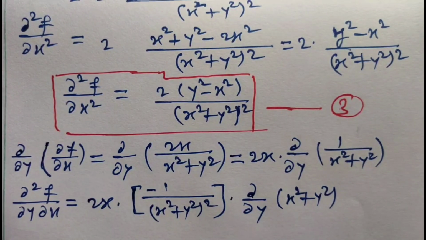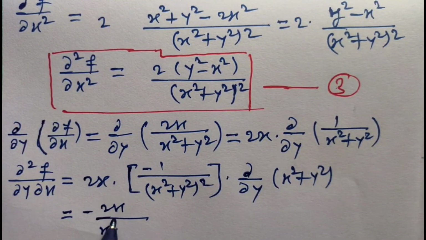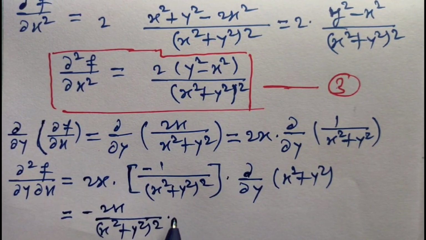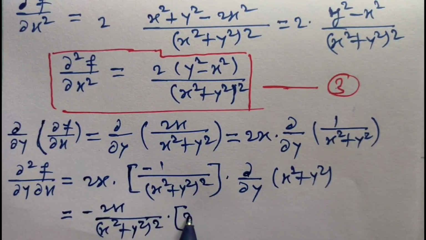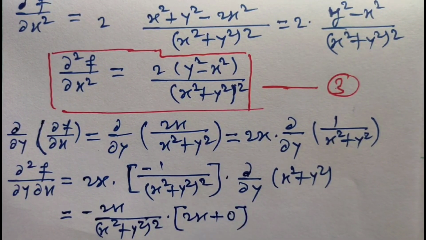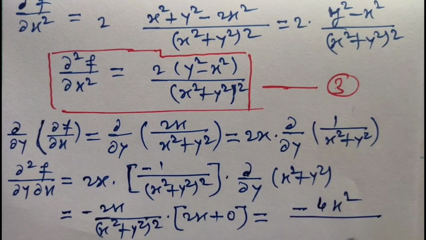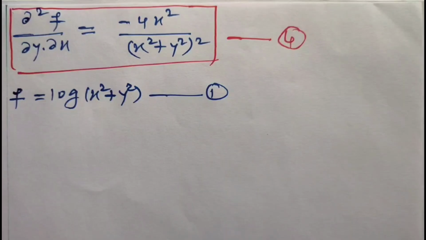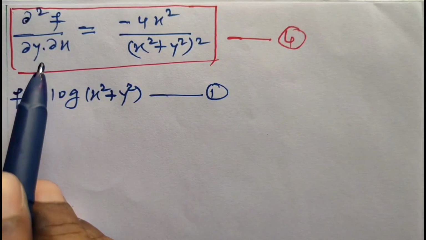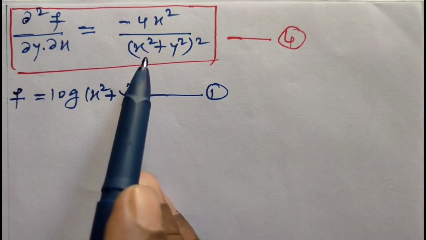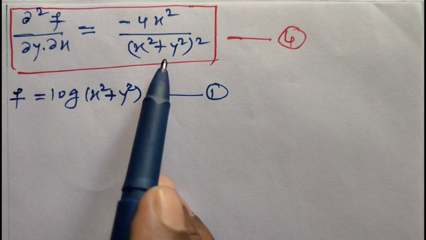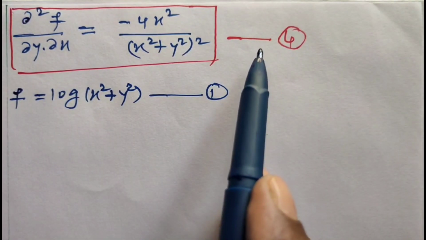Hence this is equal to minus 2x upon (x² + y²) square of this into derivative of x² is 2x and derivative of y² is 0, which is equal to minus 4x² divided by (x² + y²) its square. Hence ∂²f/∂y∂x is equal to minus 4x² divided by (x² + y²) its square, and consider this result number 4.